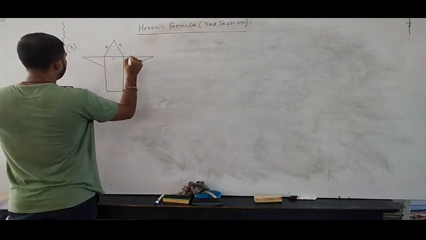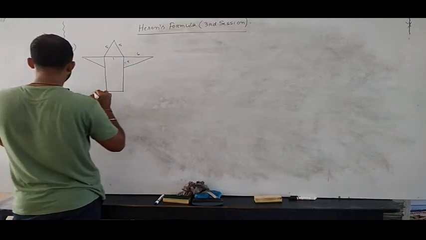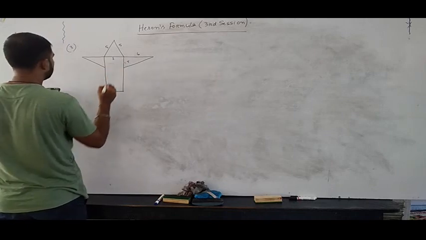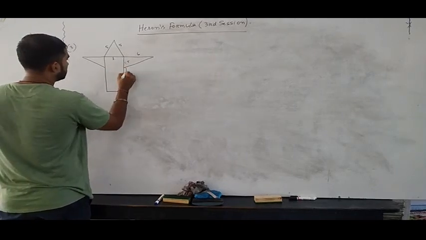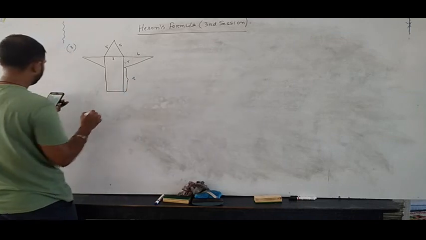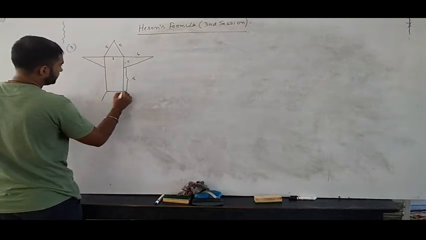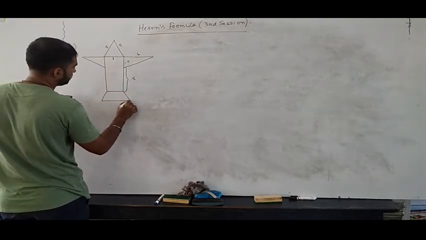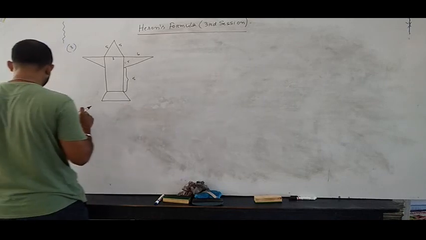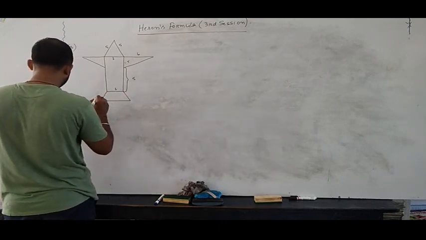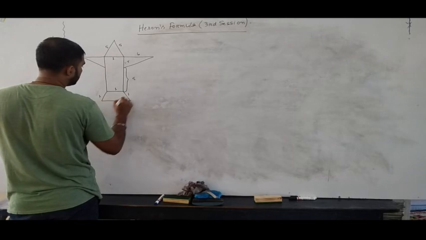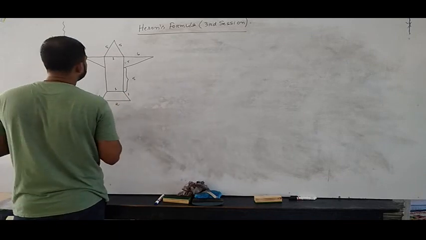This one is 1.5 into 6, and this one is given 5, and there is a trapezium which is given 1, 1, 1, and then 2.